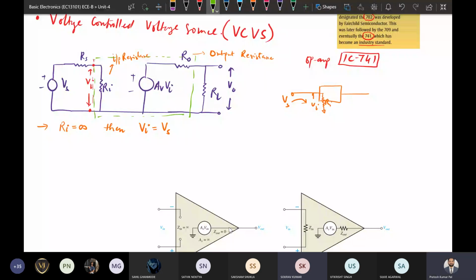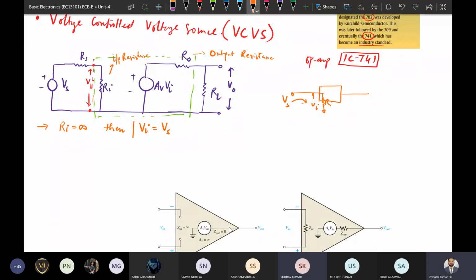Whatever input we are applying should appear across this R input, so that we get the maximum of the input we are applying. For that, R input should be high. If R input is high, then only V input will be equal to the applied voltage source.